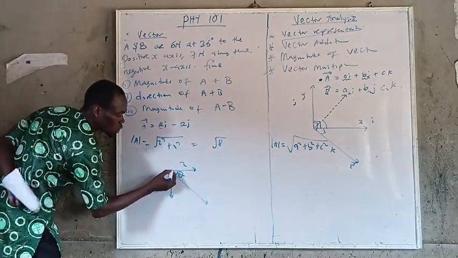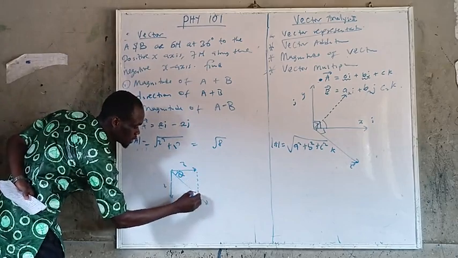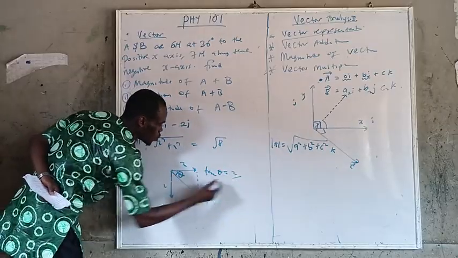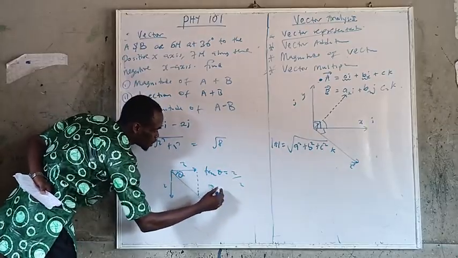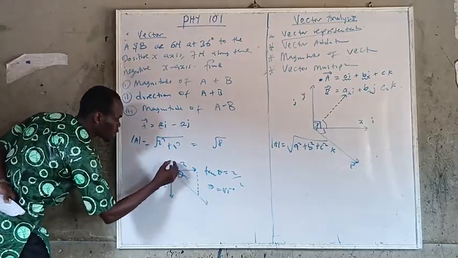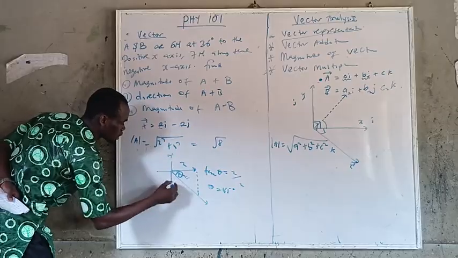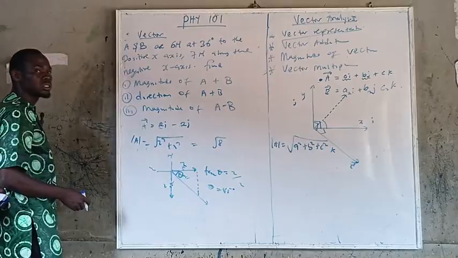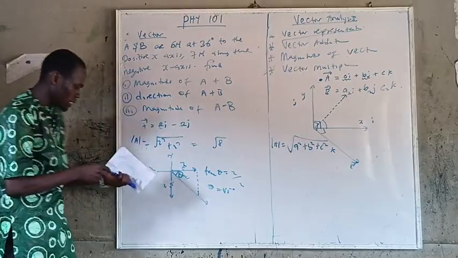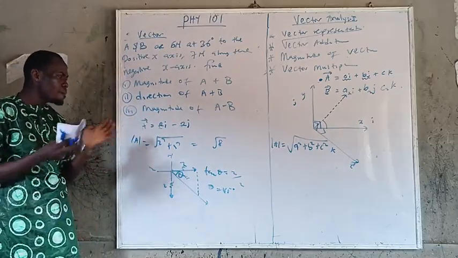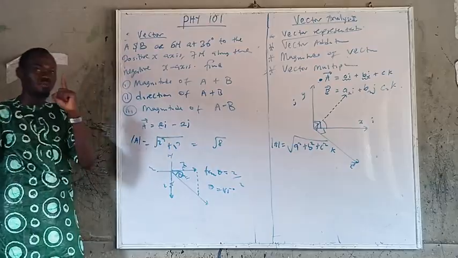So the angle to this horizontal now, it means you are considering this, then we say tan theta is equal to opposite 2 over adjacent 2, and theta is equal to 45 degrees. If theta is 45 degrees, then you can now represent your cardinal points north, south, west, east. Then this is south 45 degrees east. I hope you are getting this. Now, this is when you are determining the angle made to the horizontal by a vector.